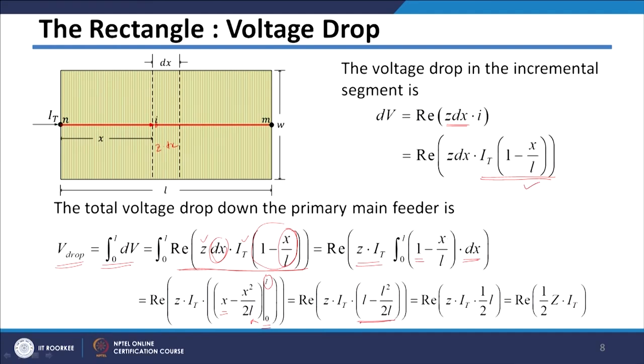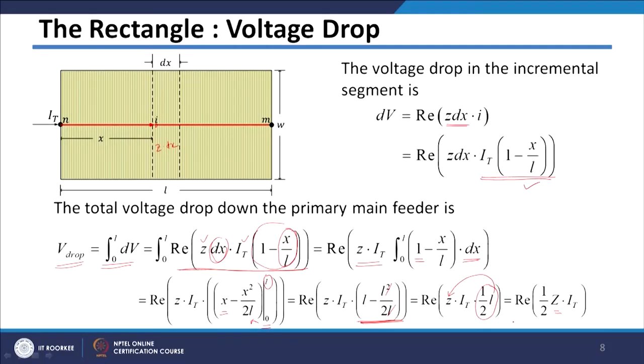After putting the limits of integration, it will be L minus L by 2, which leaves only L by 2. Now, the length of the feeder multiplied by the per unit impedance will give me the total impedance. So Z is now the total impedance, which is small z multiplied by L.